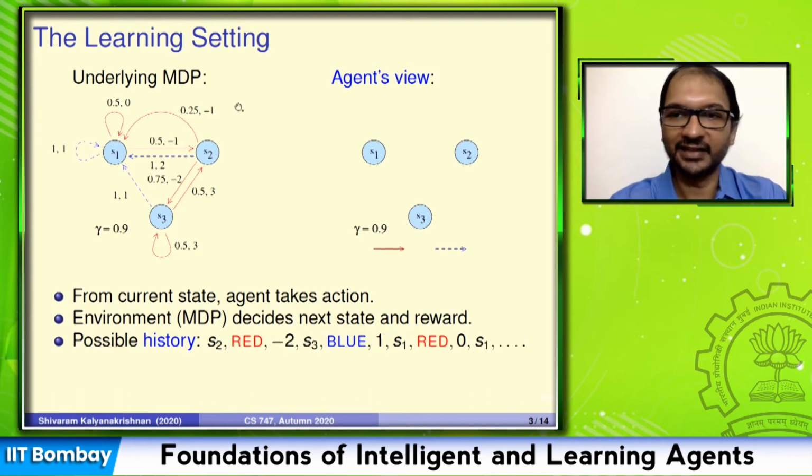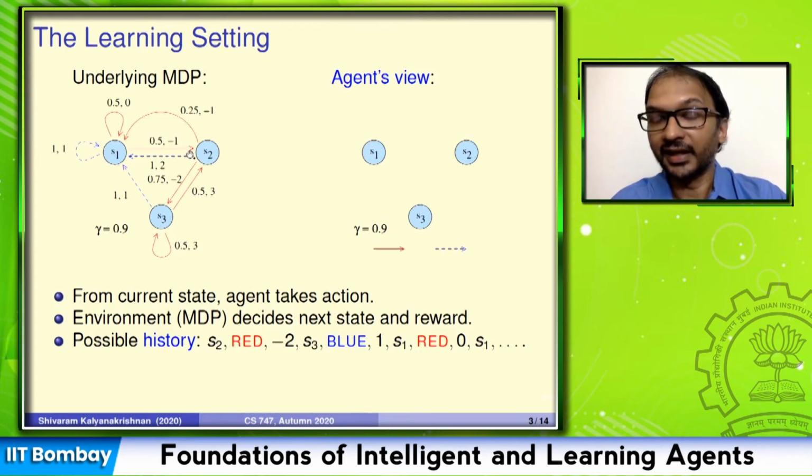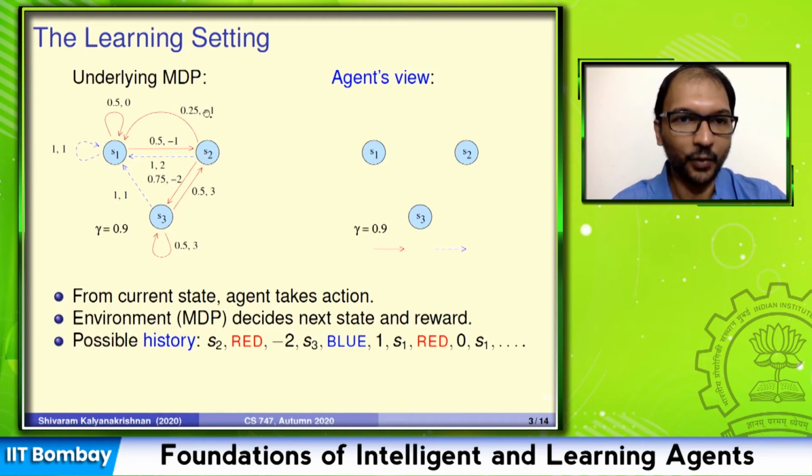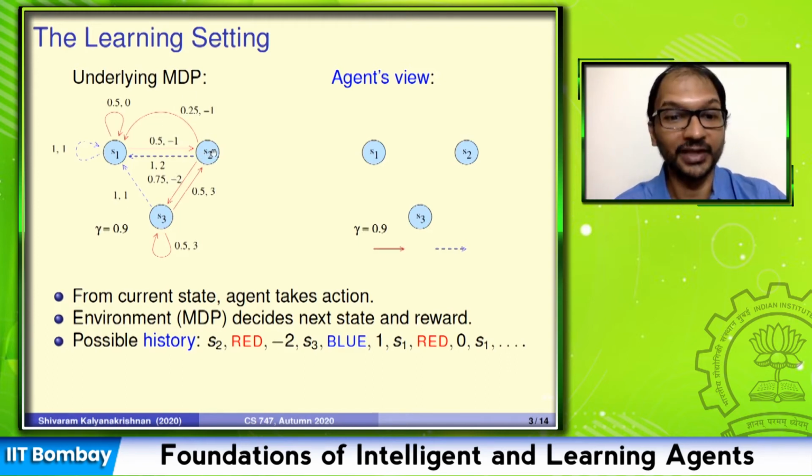So let's say that the agent started in state S2. The agent takes action red, let us say. Now, what's going to happen if you take action red from S2 in this MDP? With probability 3/4, you're going to go to S3, and with probability 1/4, you'll go to S1. One of those 2 things must happen. This particular time, what happened is that the agent went to S3.